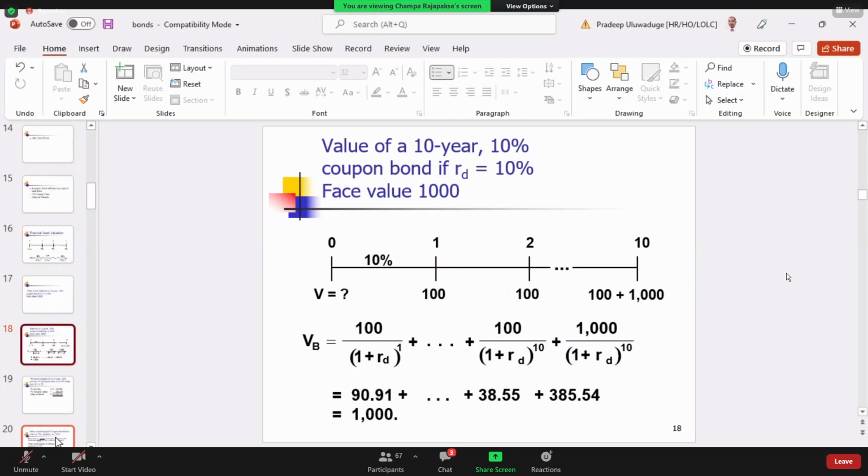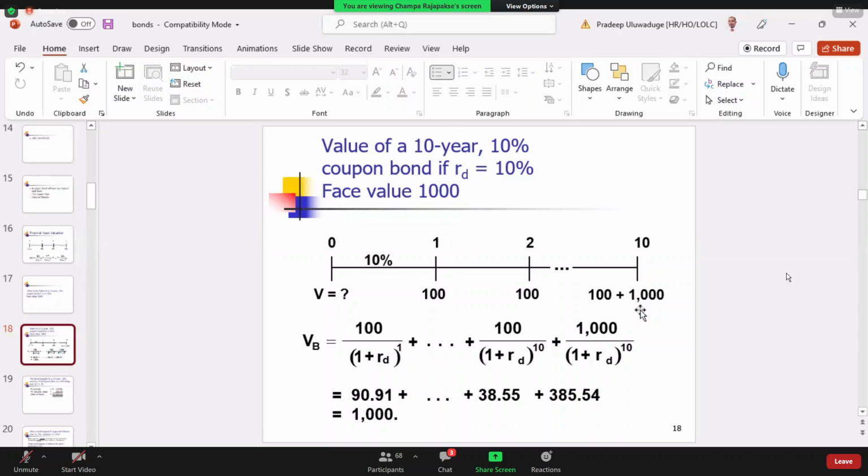So first of all, what we can do is take the coupon payment. In the slide, you see you receive 100 rupees every year, and in the 10th year, you receive 1,000 rupees, the face value, plus the interest of 100 rupees. Now, 100 rupees, since it's the same amount, can be treated as an annuity.